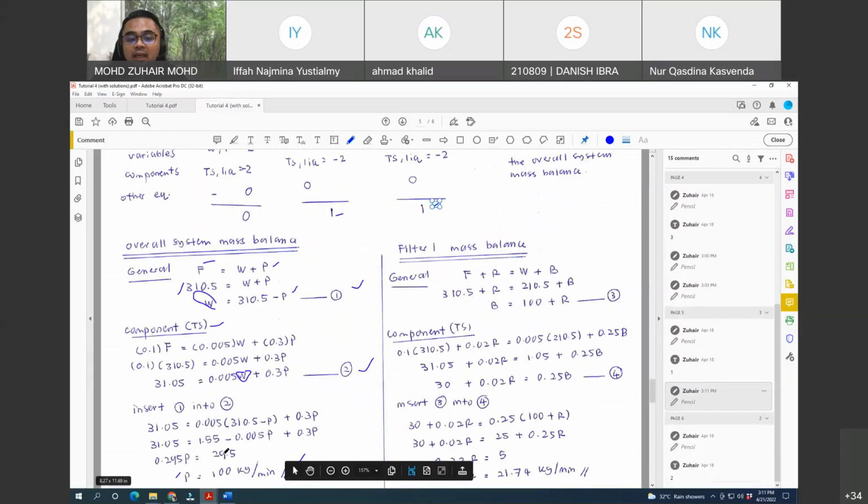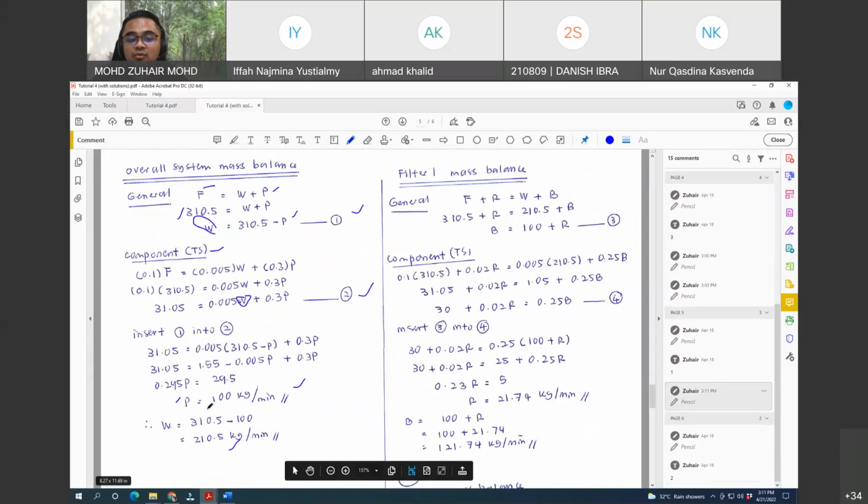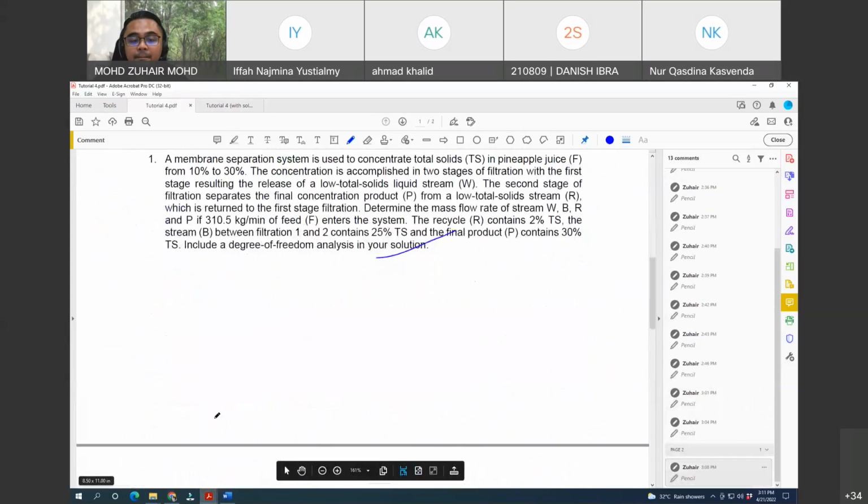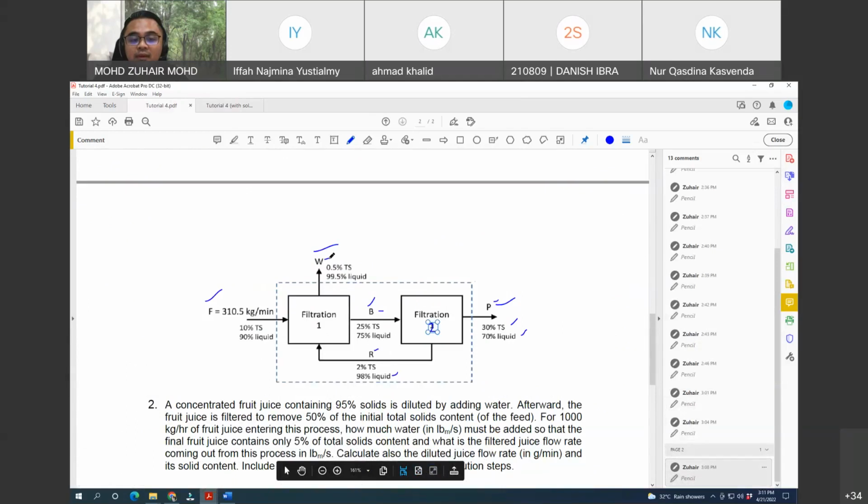We already have P and W, but we still need to find B and R.